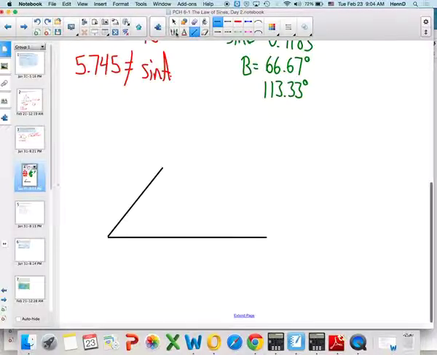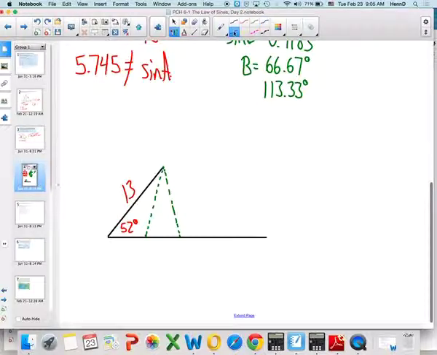But here we have an angle, and let's say this angle is 52 degrees. And let's say that this side here is 13. This other side could be the same length if it went here or if it went there.